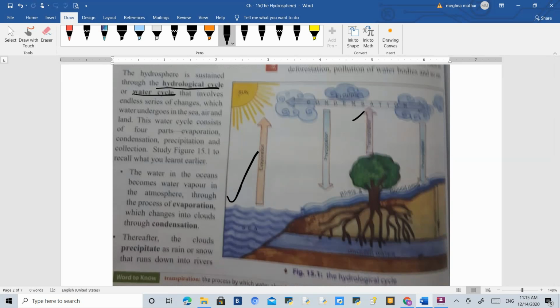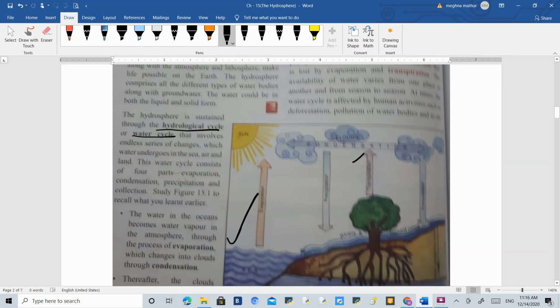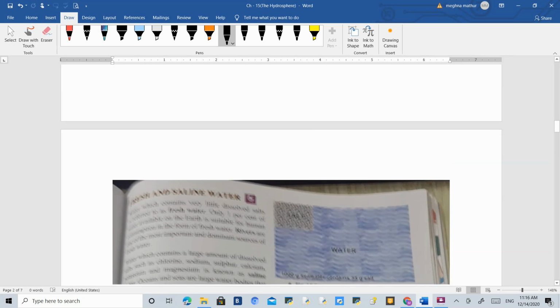That process is called transpiration. And then the water actually falls down onto the earth by way of precipitation. And this is how the water which has been taken away is deposited again onto the earth. So this is your hydrological cycle.